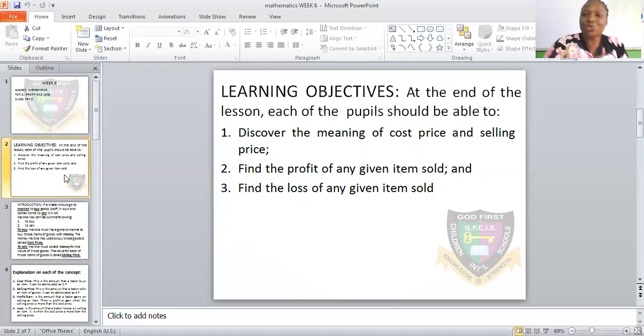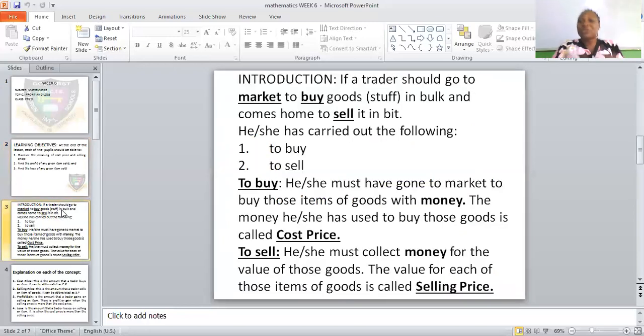Before we continue, let's quickly do an introduction. If a trader should go to market to buy goods: most of our mothers, our female parents, are into trade.